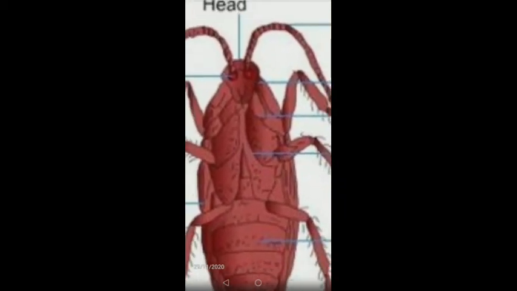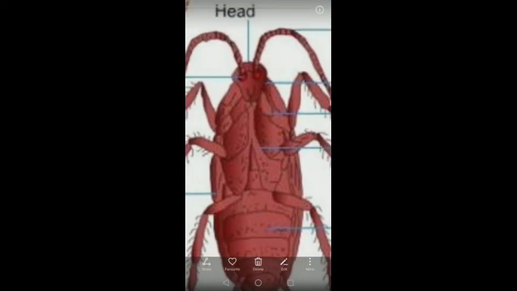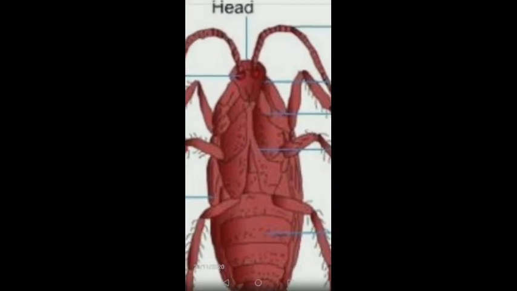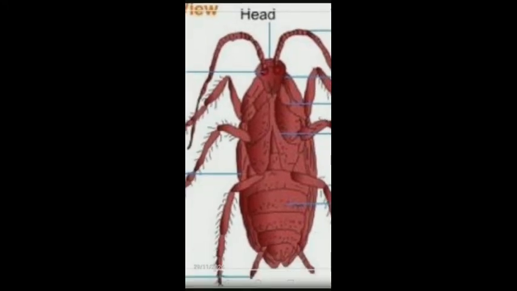In the head they have kidney-shaped compound eyes. The head capsule bears a pair of large sessile and reniform compound eyes. What do you mean by sessile? Sessile means attached, placed in one place.